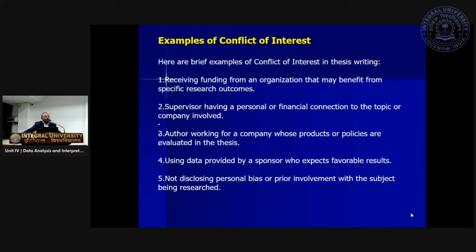If somebody has given the data and wants a favorable result in your research, that is also a conflict of interest. Not disclosing personal bias or prior involvement with the subject being researched. So these are some examples of conflict of interest.